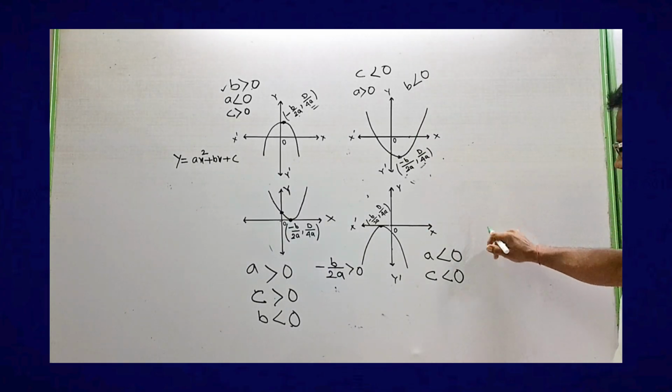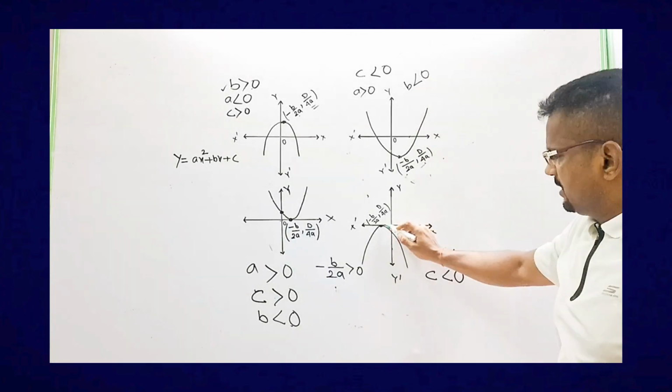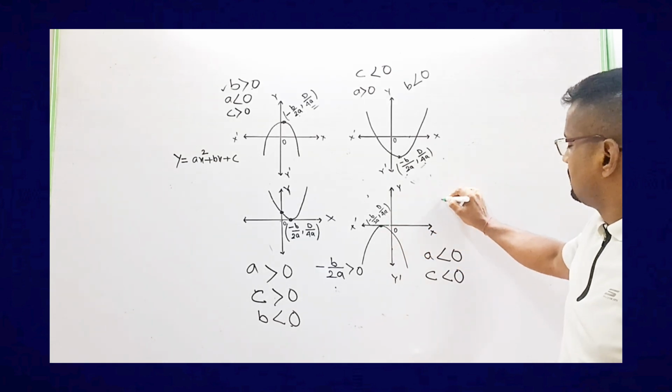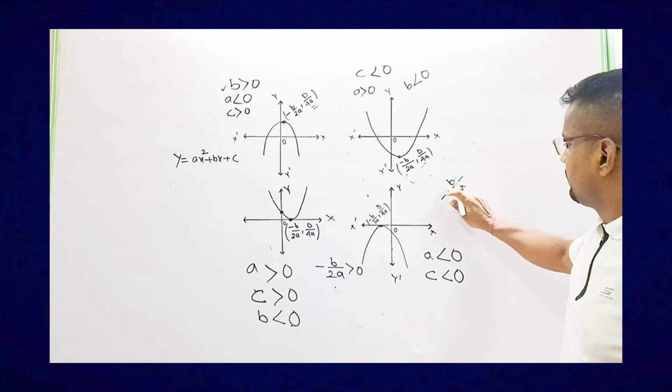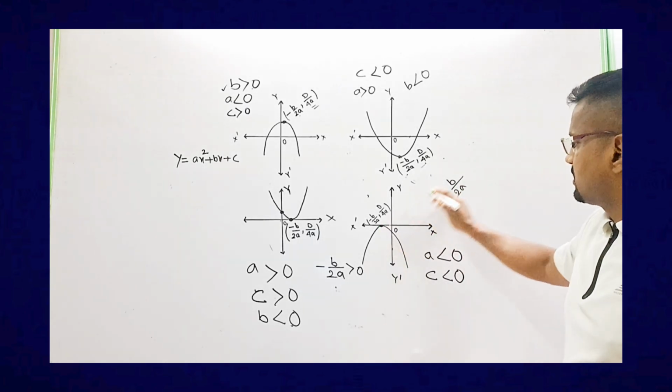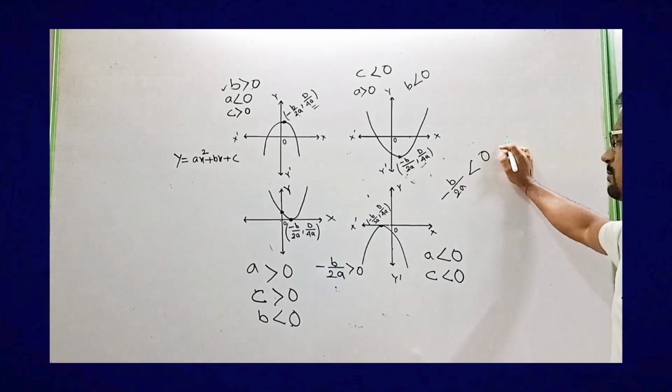Last, you will be able to see this side. In this case, the vertex lies on the negative x-axis, minus b by 2a. Therefore, the x coordinate must be less than 0.